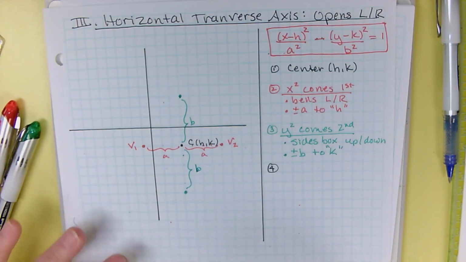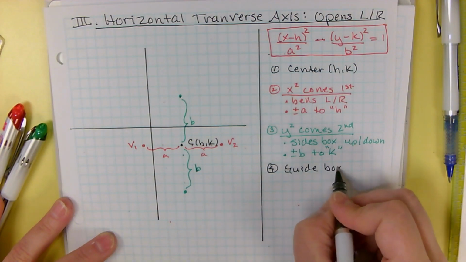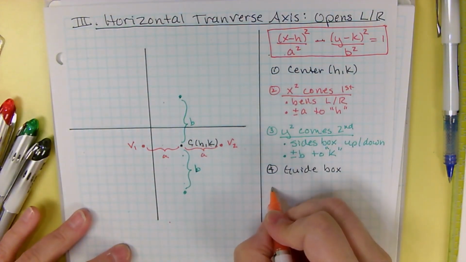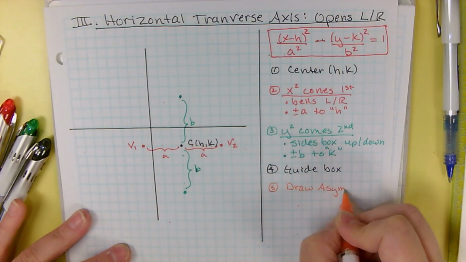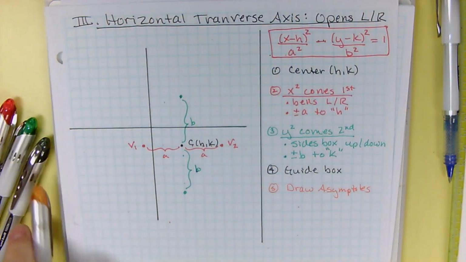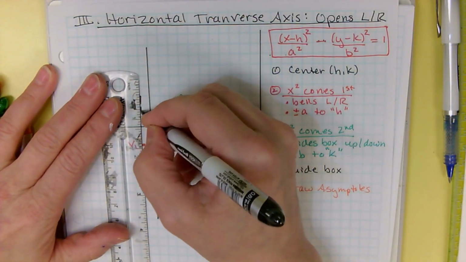Now that we've got our A's and our B's drawn in, we are ready to draw our guide box and we are ready to draw our asymptotes. So use your ruler and go ahead and draw the guide box and draw the asymptotes.